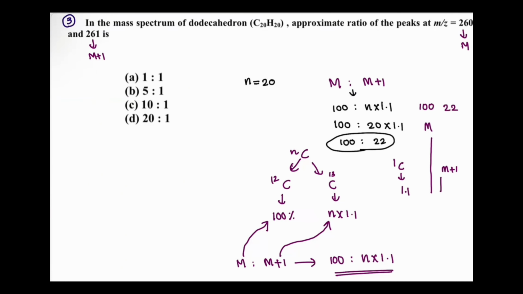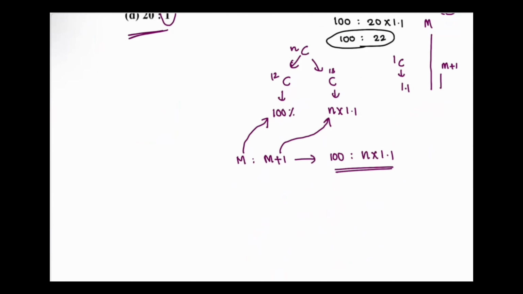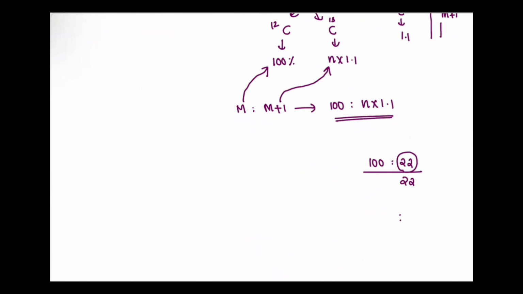But in options we are given 1 is to 1, 5 is to 1, 10 is to 1, 20 is to 1. So I want to reduce this 100 is to 22 into any of these values. Here we can see all these contain 1. So this 22 we need to reduce to 1. That means 100 is to 22 we will divide by 22. In this case, we'll get 1 on the M plus 1 side. This is the ratio between M peak and M plus 1 peak.